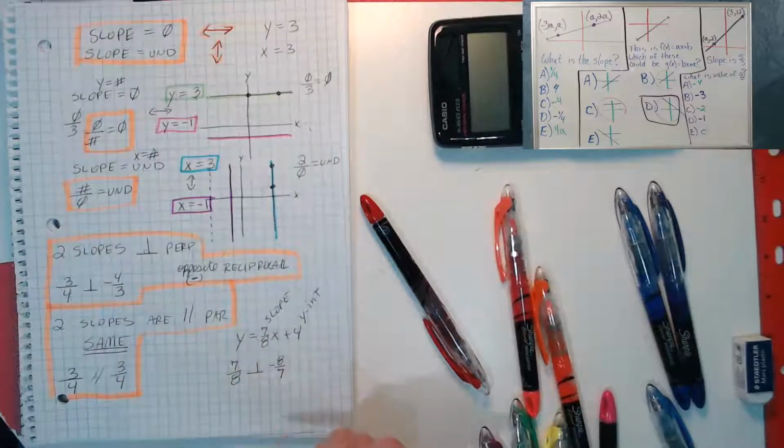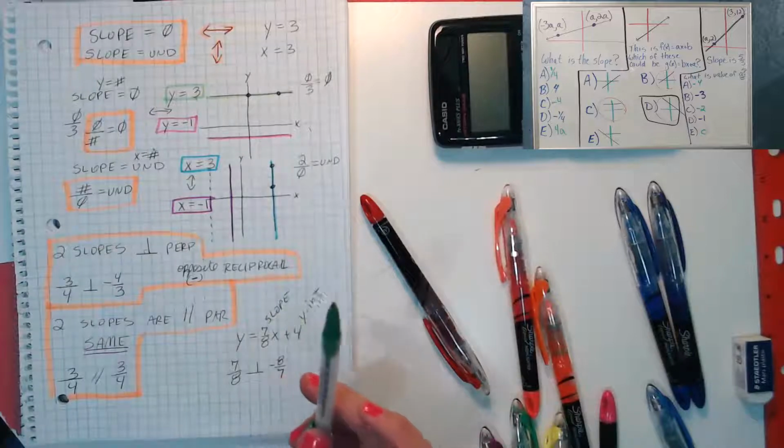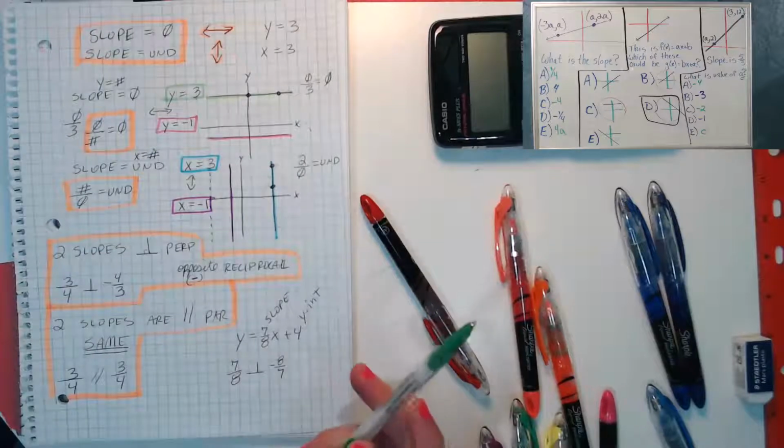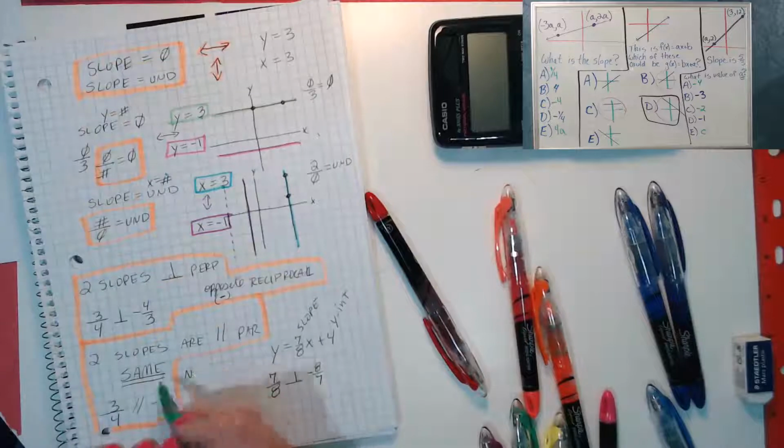What if they say, what is the slope of a line that never intersects line alpha? What do you know? It's parallel, yes. Correct. So that's a huge thing to look for. They may not tell you it's parallel.